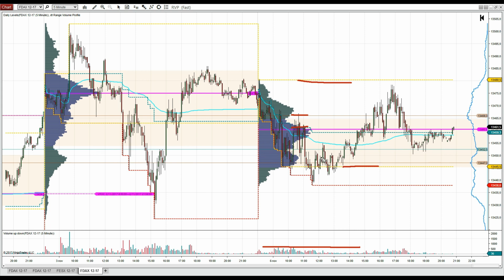So basically that is putting the pieces together and coming up with an entry, which should be an area of interest on the composite profile, or a significant area of the day before or of the current day if it's sufficiently developed.